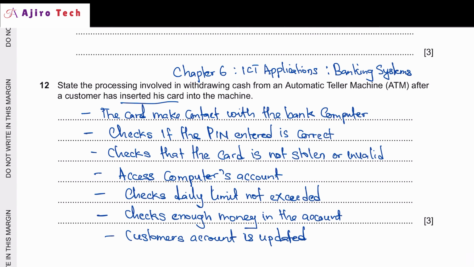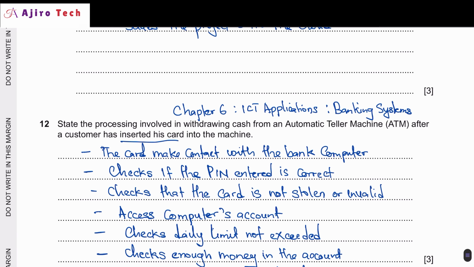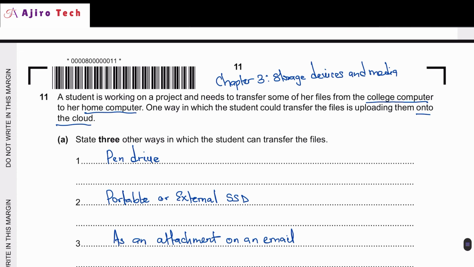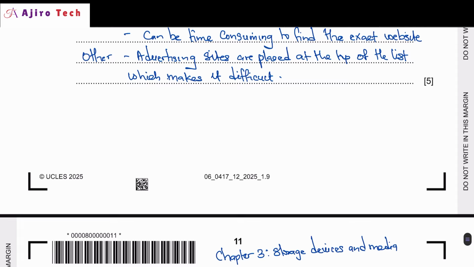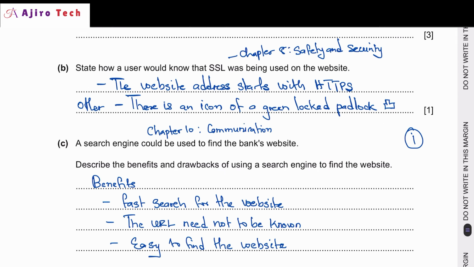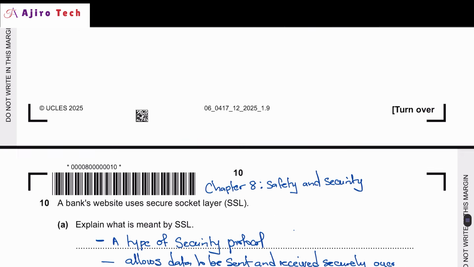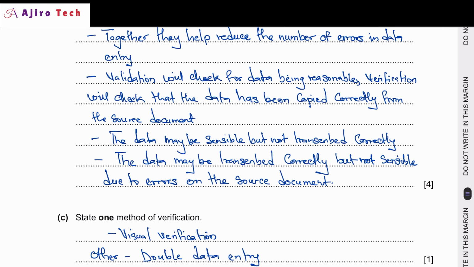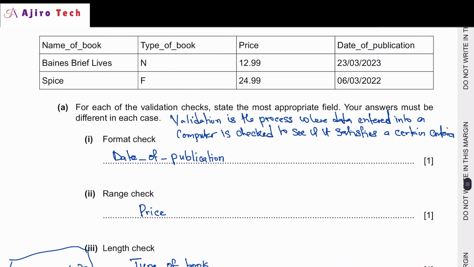Okay, thank you very much. I think we saw questions in chapter 6, chapter 4, chapter 3, chapter 8. There were questions from chapter 8 a lot, chapter 4 a lot. Just one from chapter 15.